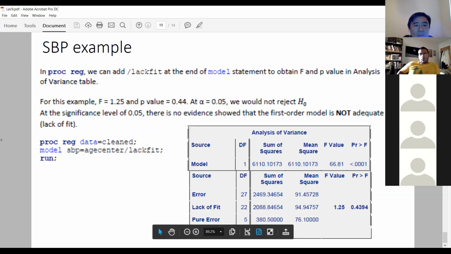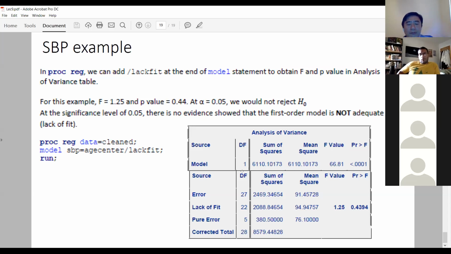So doing a test is simple. If you use SAS, you just need to use the option lackfit in your model statement of PROC REG. So if you use the data set and put the model statement there, just add slash lackfit, and SAS is already doing this lack of fit test.